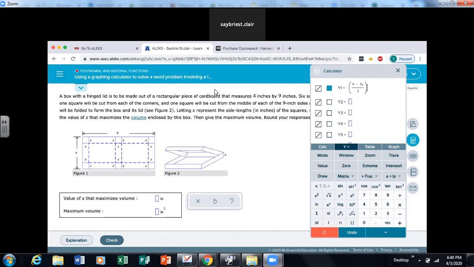Close that parenthesis. Alright, the other one is 4 minus 2x. And then the last one's plain old x. There you go. And then graph that.